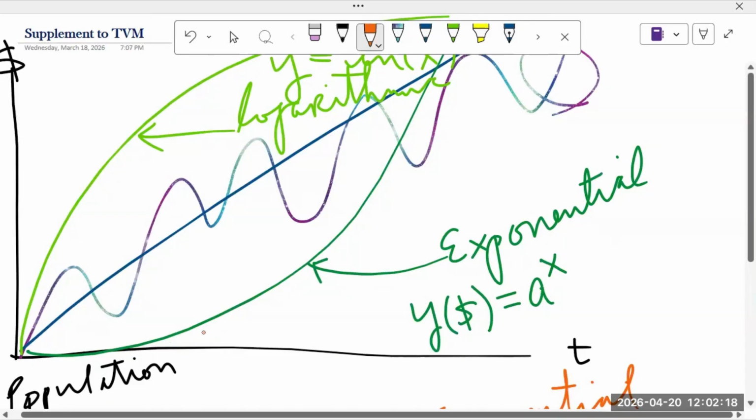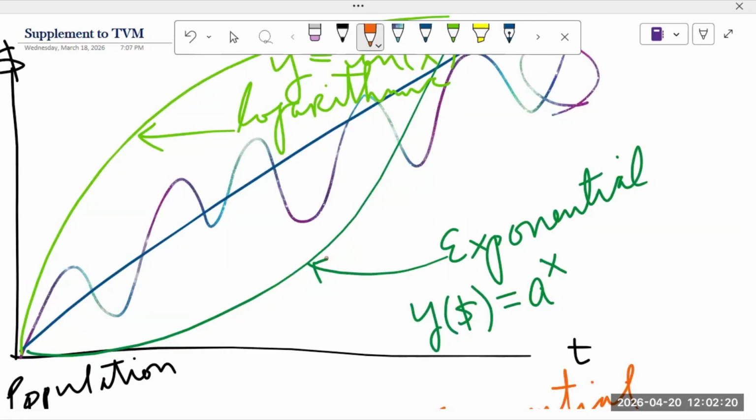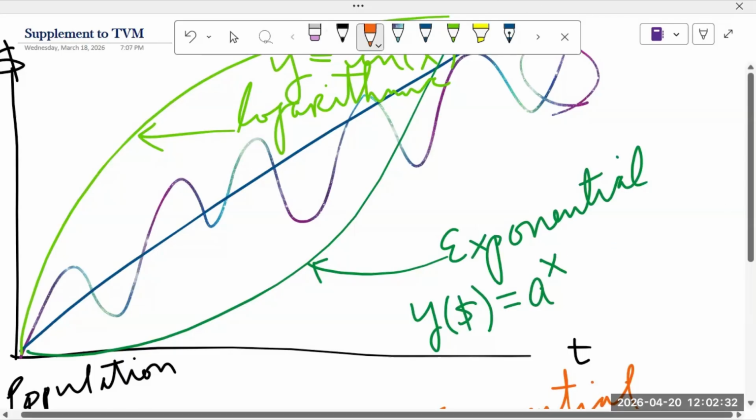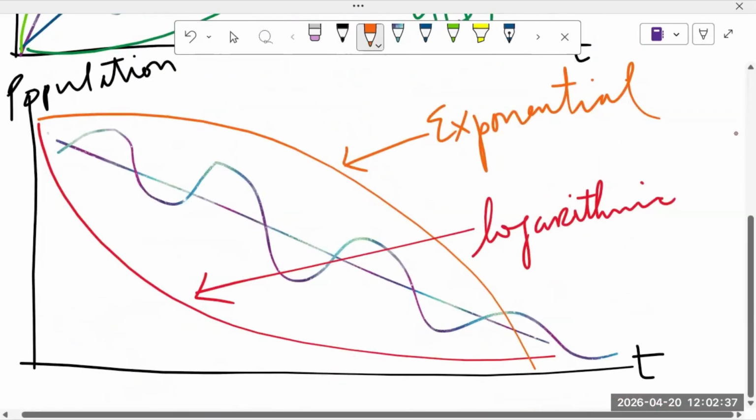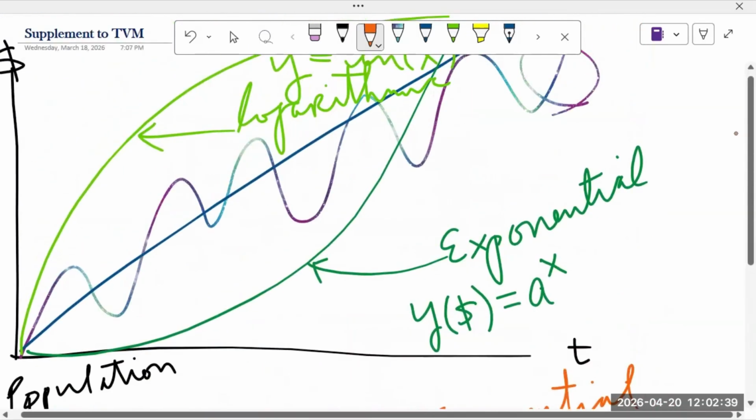Slope is flatter early on and getting steeper as time goes on. Logarithmic, slope is steeper early on and getting flatter and flatter over time. So this is how we can define growth and decay.